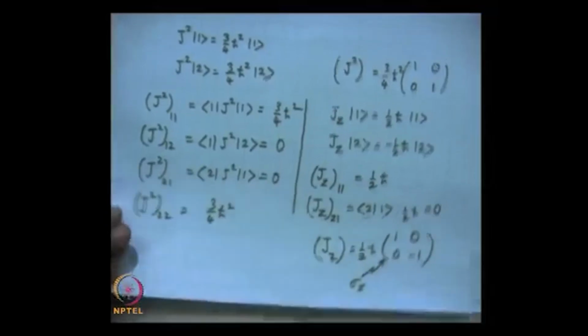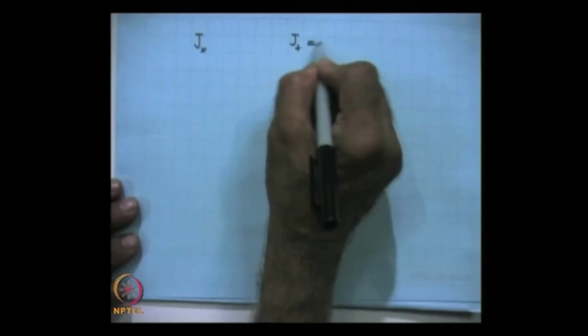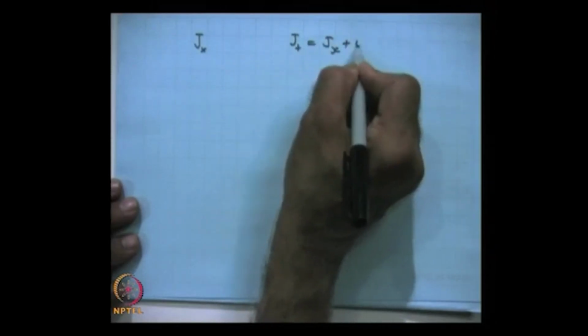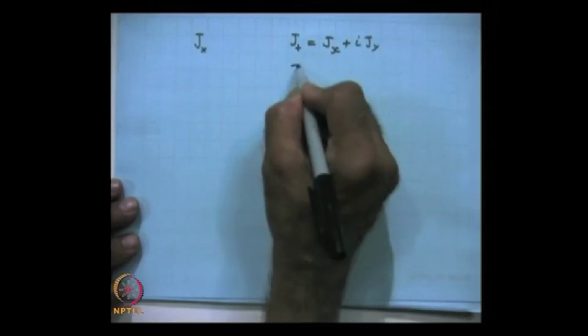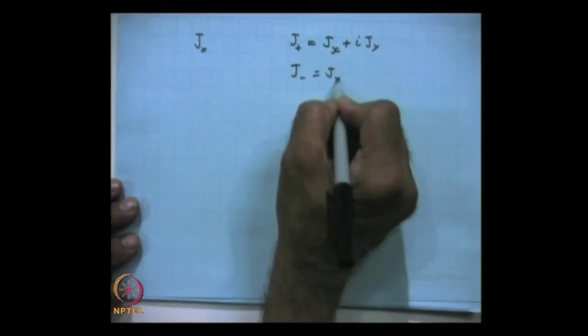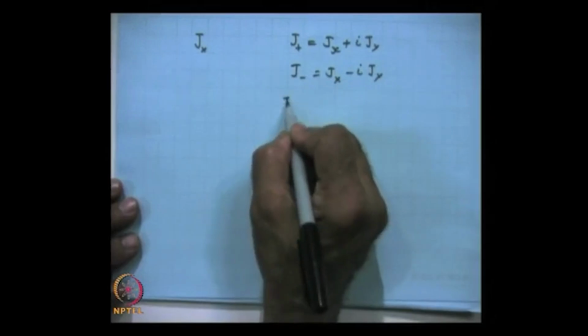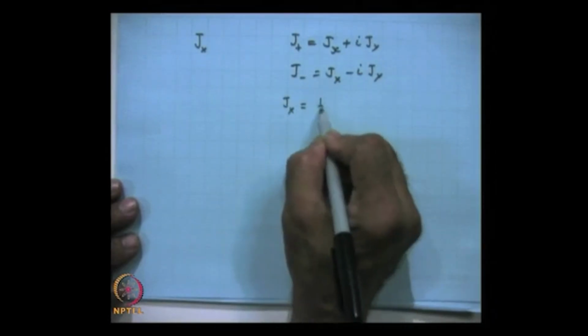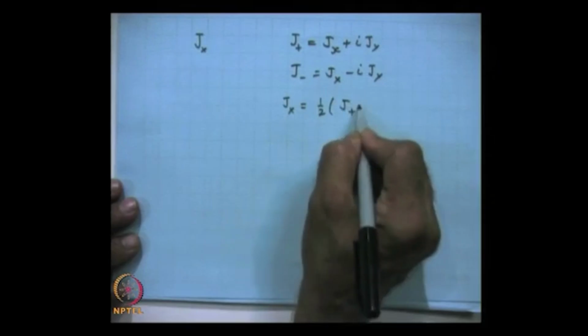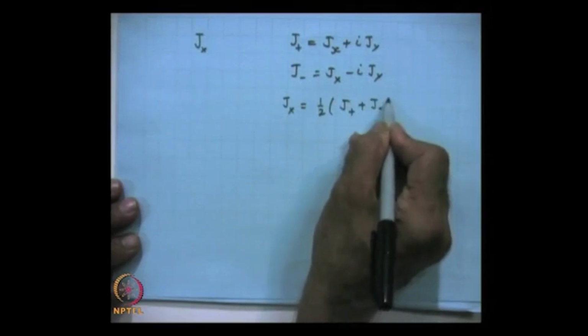So, I will just give you a hint, and the rest we will do in our next lecture, that I want to now make a representation of Jx. So, we have J plus is equal to Jx plus i Jy and J minus is equal to Jx minus i Jy. So, I add them up and I get Jx is equal to half (J plus plus J minus).